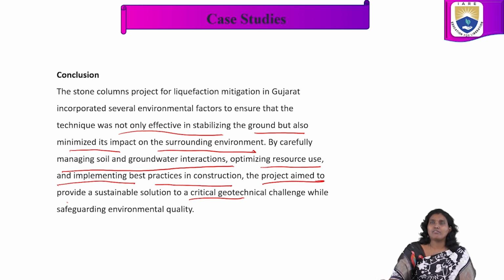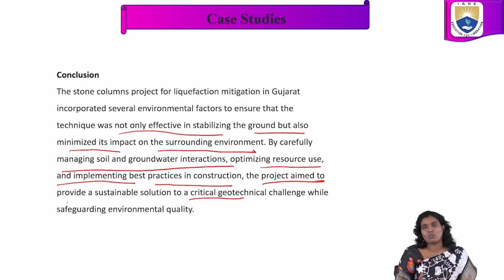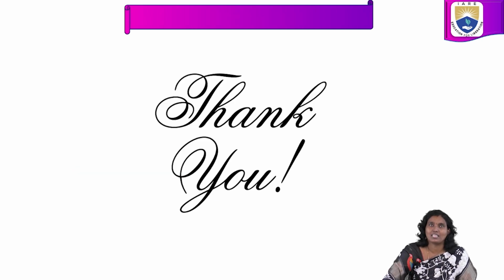And finally, what kind of technique we are choosing, how it affects the project, and what kind of results are required without losing safety and economy, while environmental effects are less. That gives better results without sacrificing project requirements. So these are the things we have to understand in this particular case study.